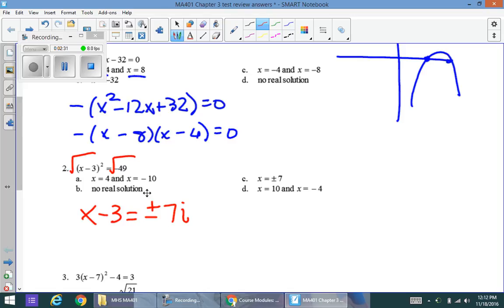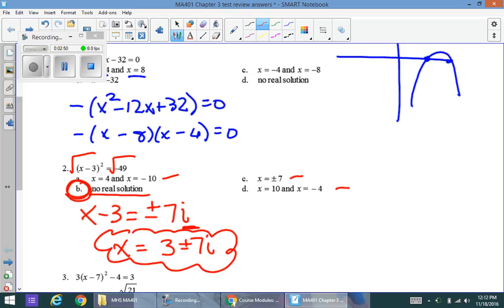Now if you look at these answers, they're all real, and then this answer says no real. Well, hey, guess what? We just got an i, so we know that the answer is no real solution. There is a solution we could find. It would be 3 plus or minus 7i, and that would be the answer if they wanted it. But they just want us to say, nope, no real.